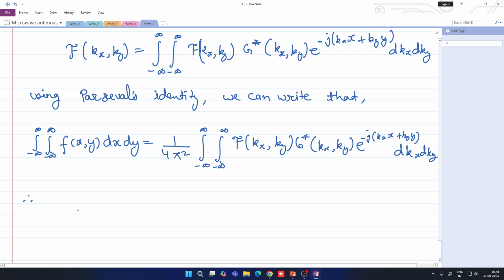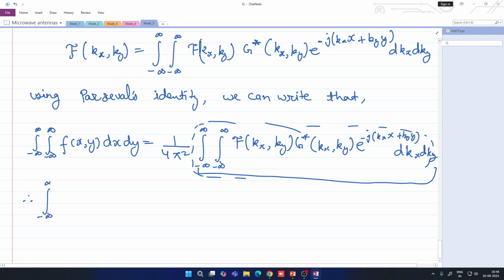Therefore, now in the problem we have to tell what this part is. So we can take this 4 pi square, minus infinity to infinity. I will rewrite this part here.